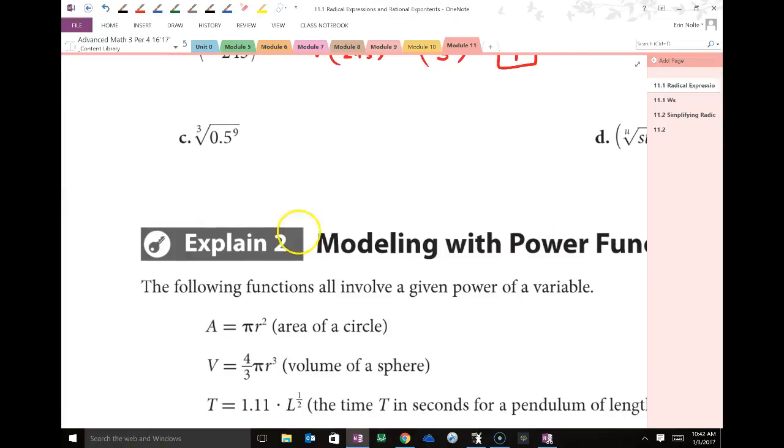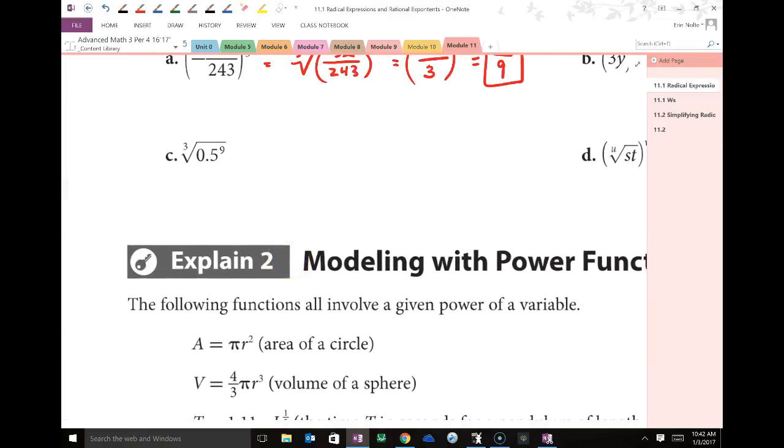All right. Now, how would I go about working with C? The first thing I'm going to do is I'm starting with radical, so let's go straight to exponential. So what's the exponential form of this? It'd be 0.5 to the 9/3, right?